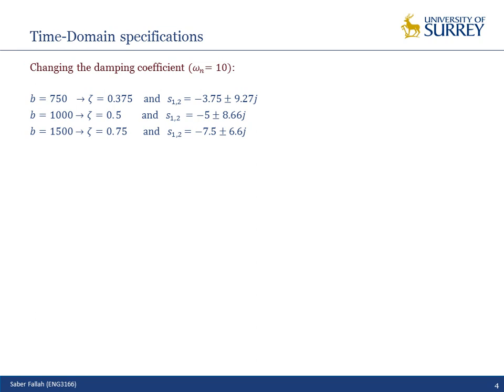If we want to decrease the rise time of the system, we need to increase the natural frequency of the system. If we want to reduce the overshoot of the system, we need to change the damping ratio. If we want to decrease the settling time of the system, we need to change minus zeta omega n.